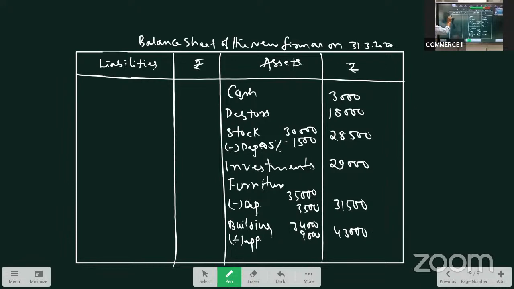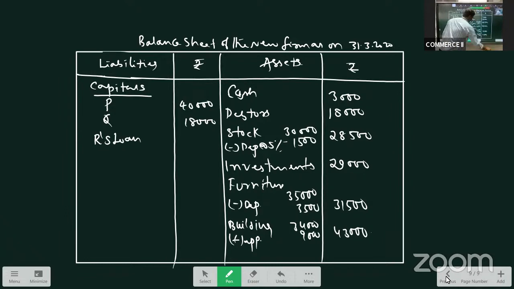Capitals are given. Capitals we will take only for P and Q, the ones who are continuing, and their capitals we have found out to be 40,000 and 18,000. Then R is retiring. What was the amount payable to him?